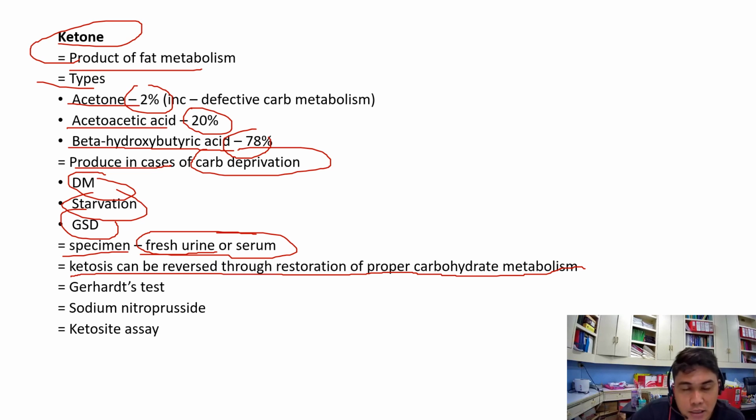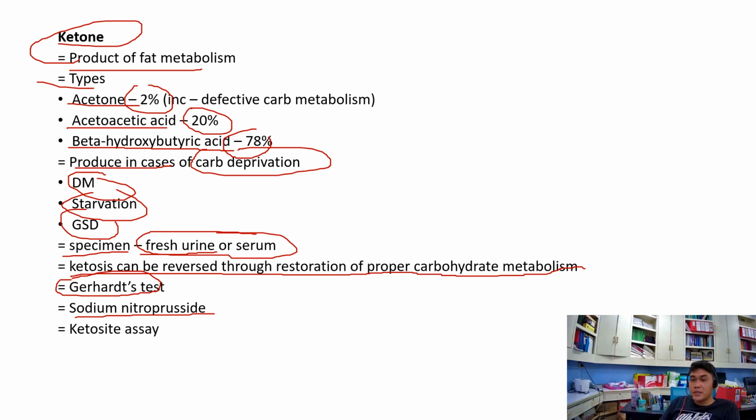For the test for ketones, you have Gerhardt's test, which is for the measurement of acetoacetic acid. Then next is sodium nitroprusside.